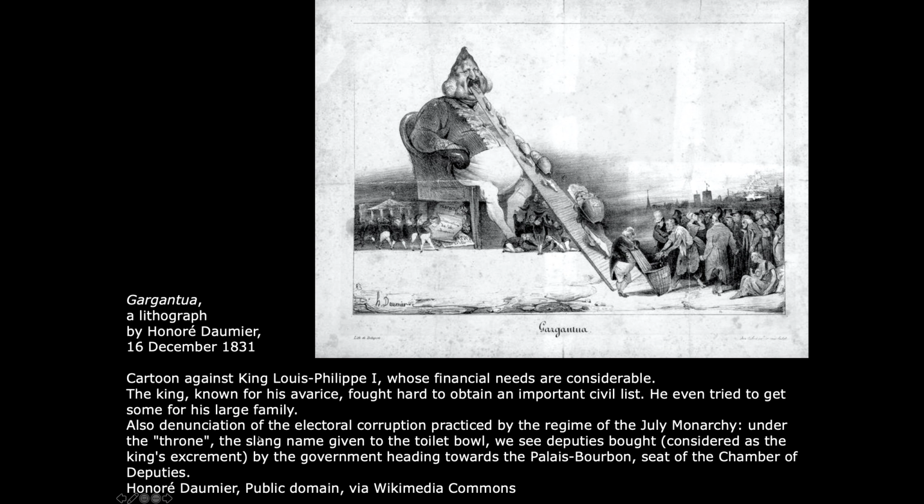Under the throne, the slang name given to the toilet bowl, we see the deputies, bought and considered as excrement by the government, heading toward the seat of the Palais Bourbon, the seat of the Chamber of Deputies. And so again, you can see how biting his satire was, and how graphic, right?